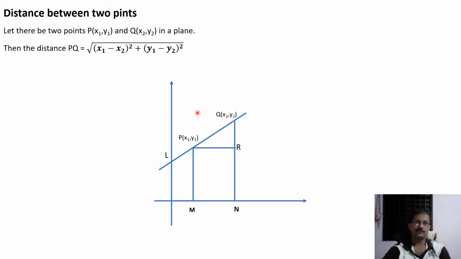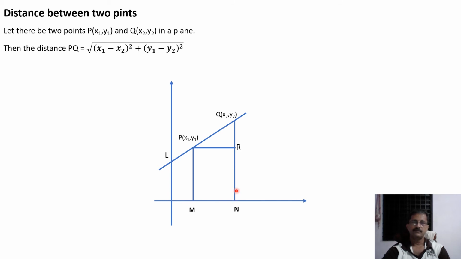Distance of Q from the y-axis is its x coordinate, distance of Q from the x-axis is its y coordinate. So x2, y2 are nothing but: y2 is QN, x2 is from origin to N.